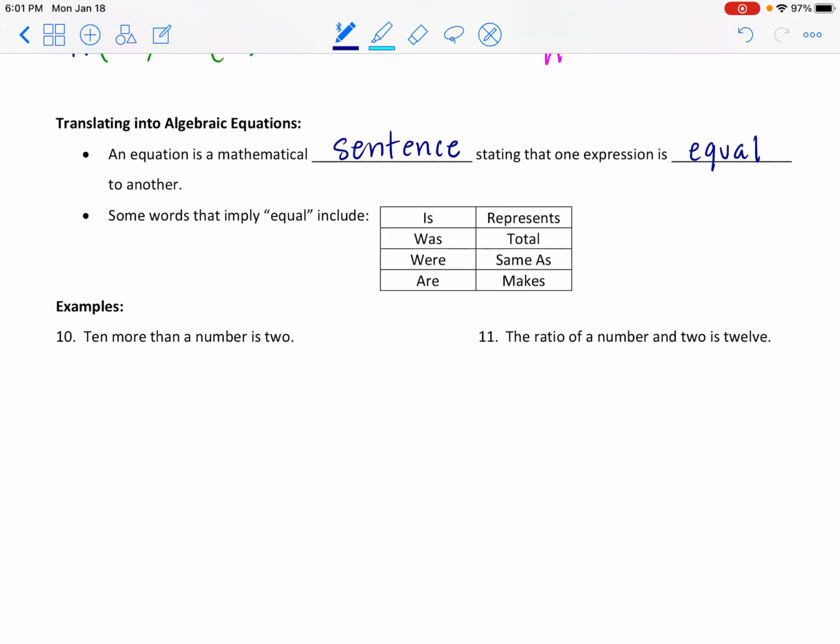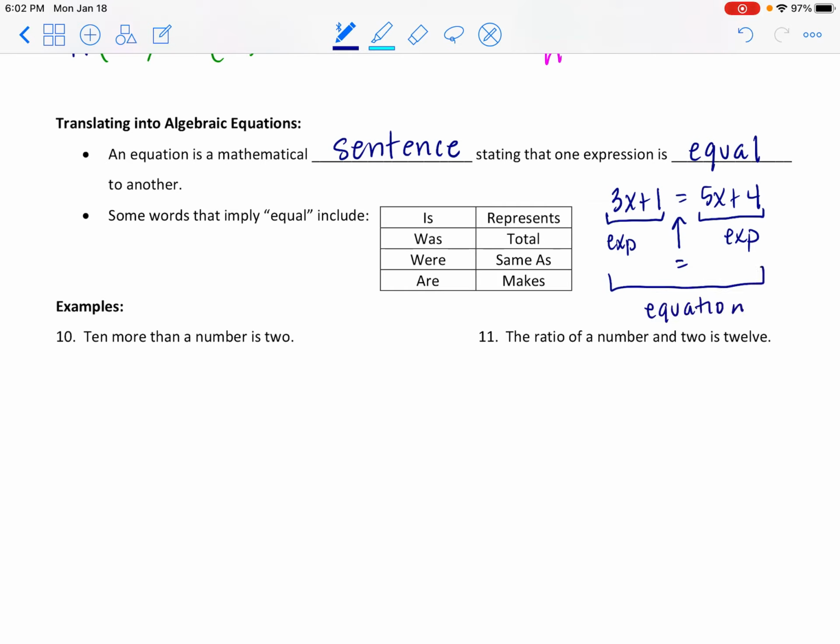So for example, if you had something like 3x plus 1 equals 5x plus 4. This would be an expression on this side. This would be an expression on this side. And then this is them being equal to one another. So this is an expression equal to an expression altogether. We call that an equation. Okay?